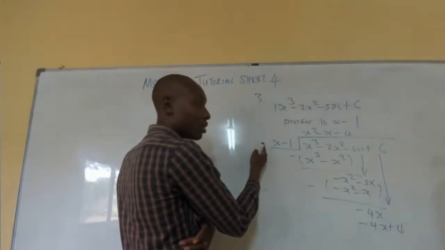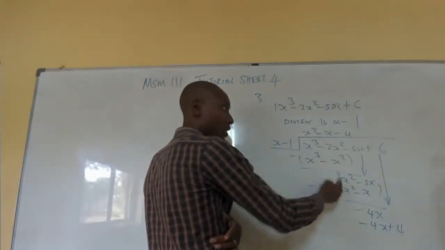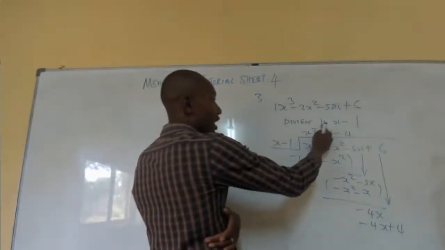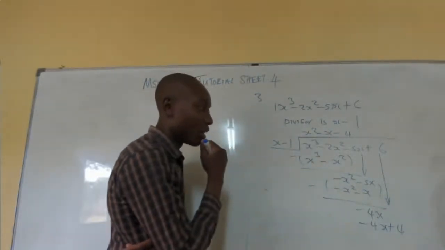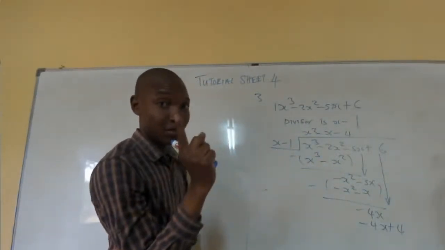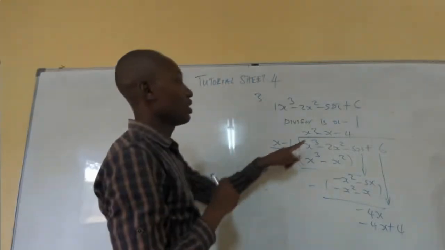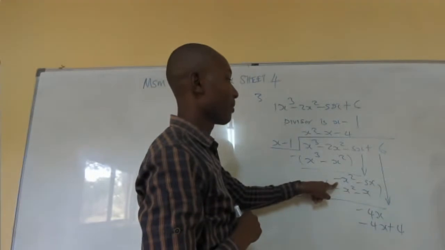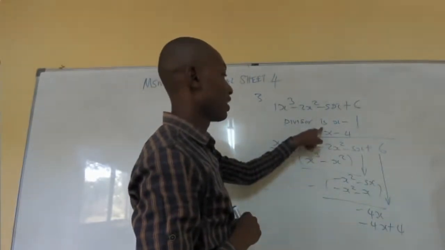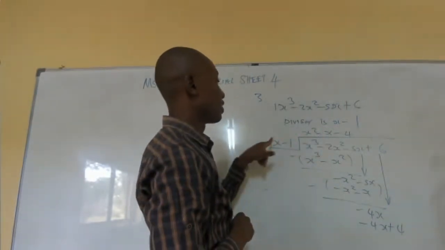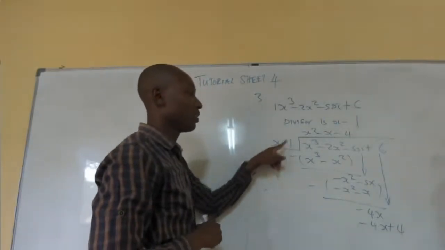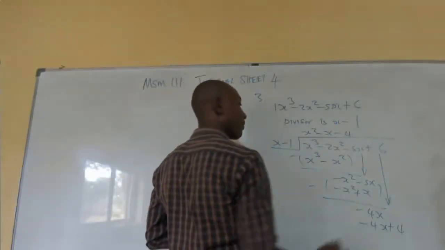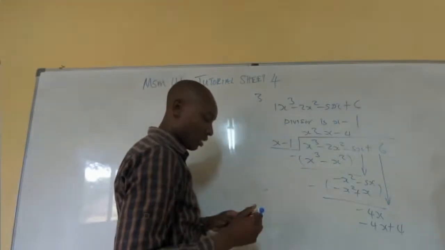Negative x multiplied by that was negative x squared. But negative x multiplied by negative 1 is actually a positive. Negative x multiplied by that is x squared. Negative x multiplied by negative is what? Positive.